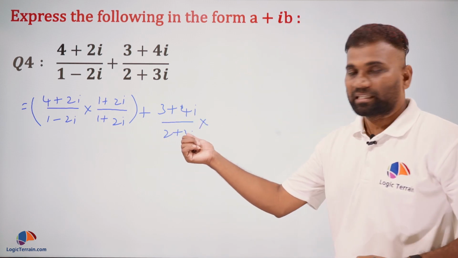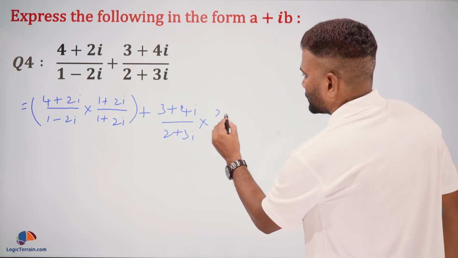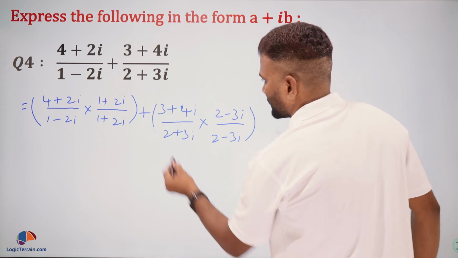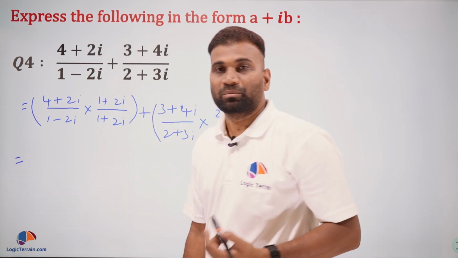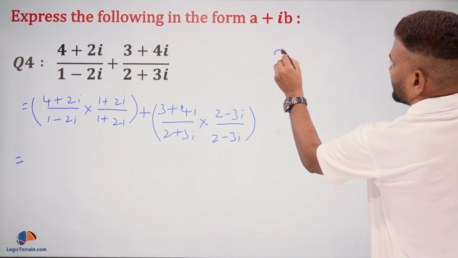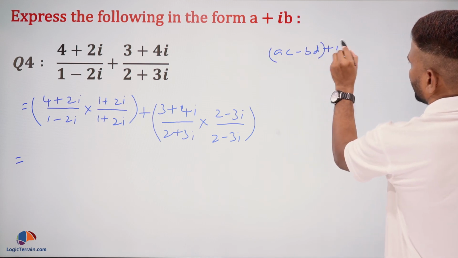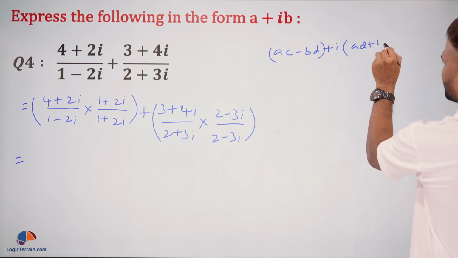So we'll rationalize the denominator with 2 minus 3i, 2 minus 3i upon 2 minus 3i. So again using a product rule, that is AC minus BD plus I of AD plus BC.